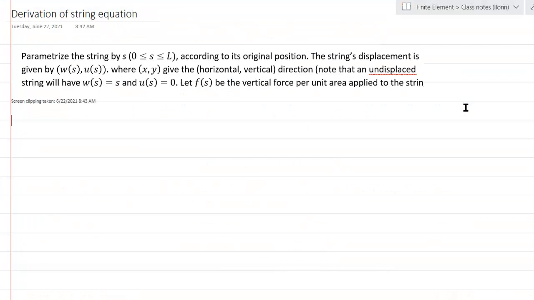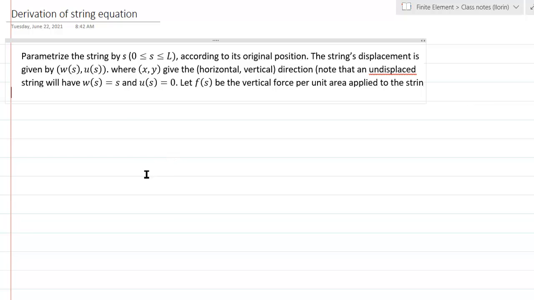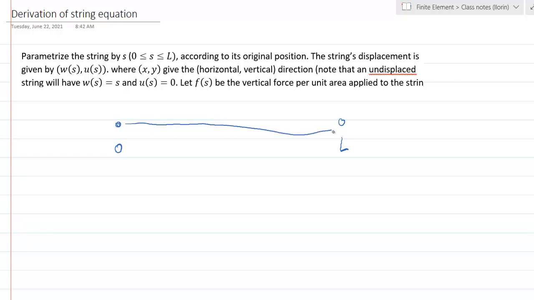All right, so let's look at this. The undisplaced string has this position from 0 to L. And for an undisplaced string, this distance would be s.